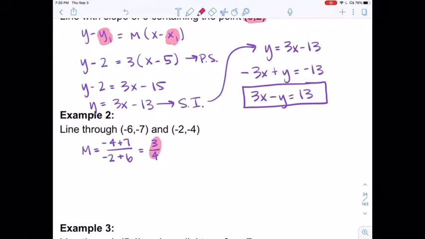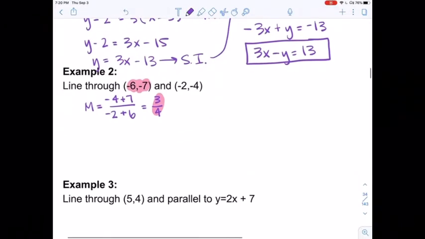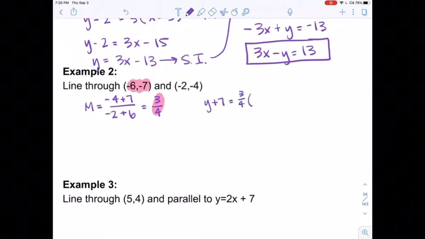and I have a point. And let's plug that into point slope form. So y minus y1, so y minus a negative 7 is equal to my slope 3/4 times x minus a negative 6.